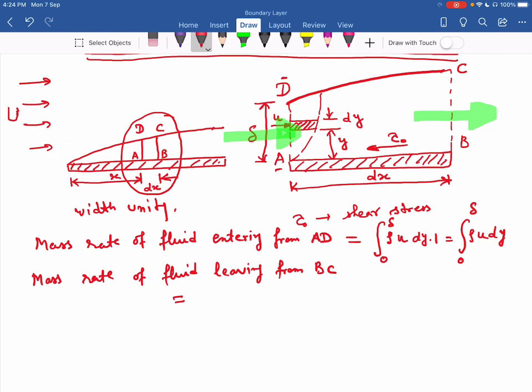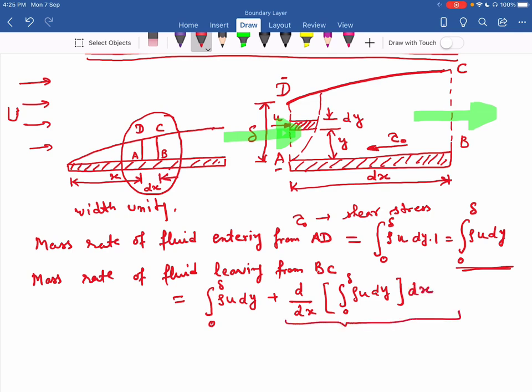That increment I can write as the integral of rho u dy from 0 to delta, plus d by dx of this term, the integral of rho u dy from 0 to delta, into dx. This represents the small increment along the x-axis for length dx.